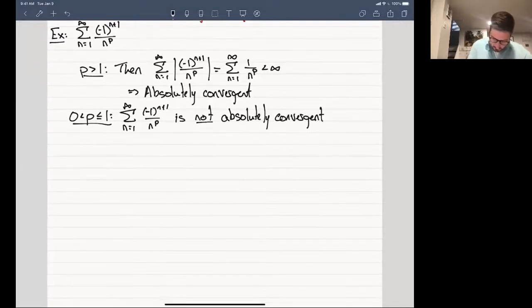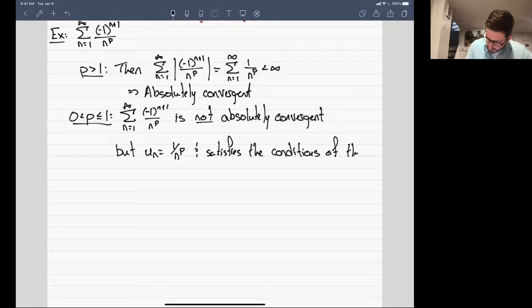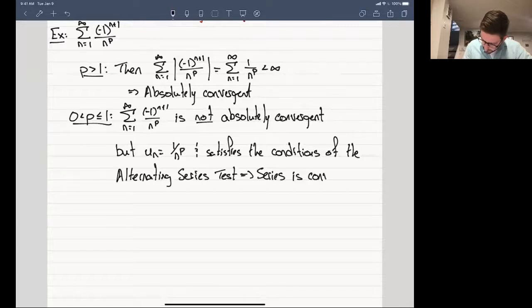But if we remember the notation from the alternating series test theorem, u_n would be 1 over n to the p and satisfies the conditions of the alternating series test. Which implies the series is convergent. And therefore, we are conditionally convergent.